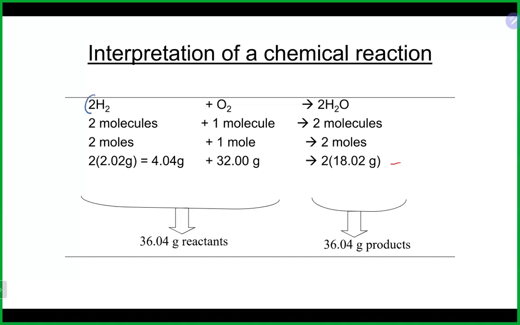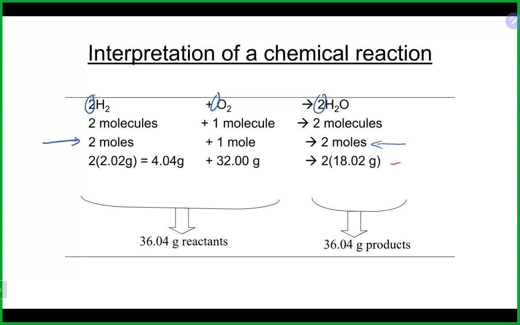When you look at the coefficients in a balanced equation such as this, there are a couple of ways you can look at those numbers that come in front. For example, here we could say that 2 molecules of H2 react with 1 molecule of O2 to make 2 molecules of H2O. We could use what is commonly referred to as the mole-to-mole relationship, which is the relationship we will use in these types of calculations.